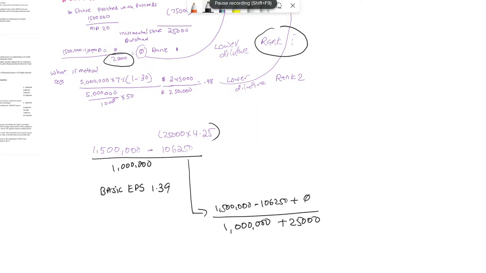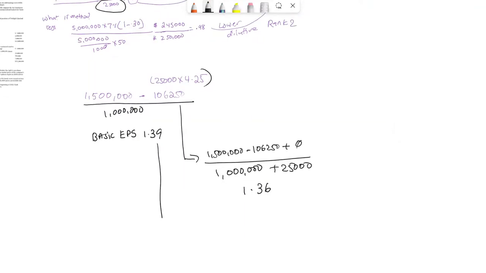In this case, I got $36. So is this lower than the basic earning per share? Yes, it is lower than that. So this was my rank number 1. So I'm going to take this calculation further and then add my rank number 2 to the calculation.